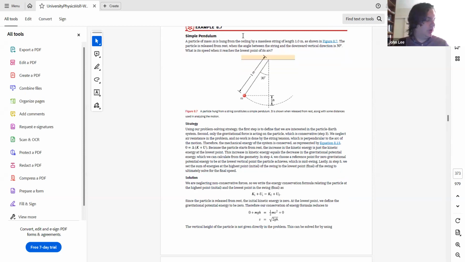So let's do one problem that's not necessarily going to pop up on the exam. If we have a simple pendulum that's swinging from left to right, then what is going to be its velocity as it's passing through the lowest point of its swinging?